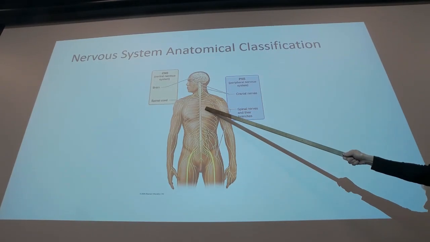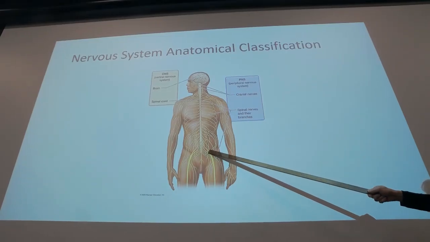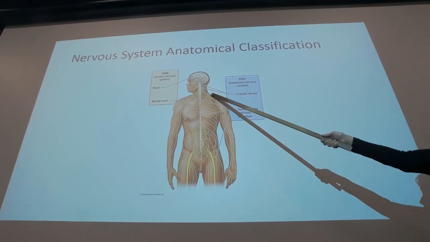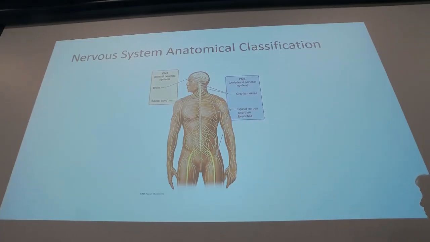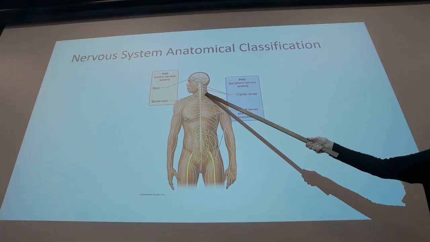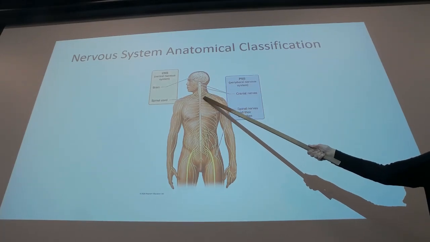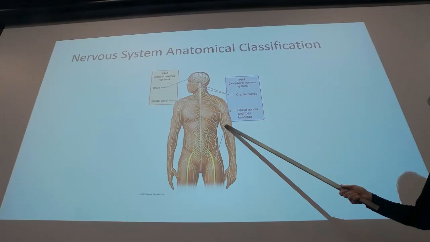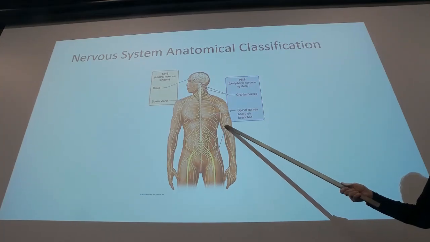So these spinal nerves exit directly from the spinal cord, and the cranial nerves from the brain, but some of these, like the lower cervical and the upper thoracic, form branches or networks that we call the plexuses.